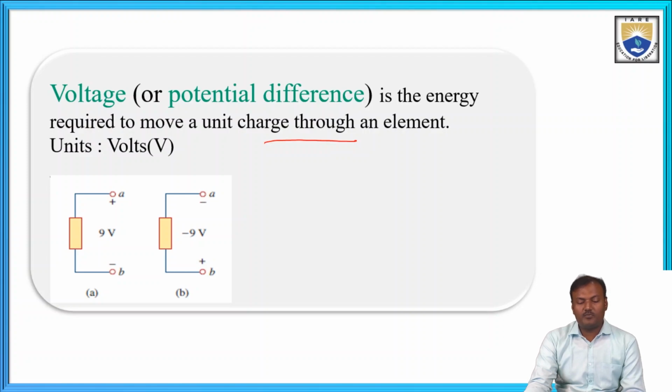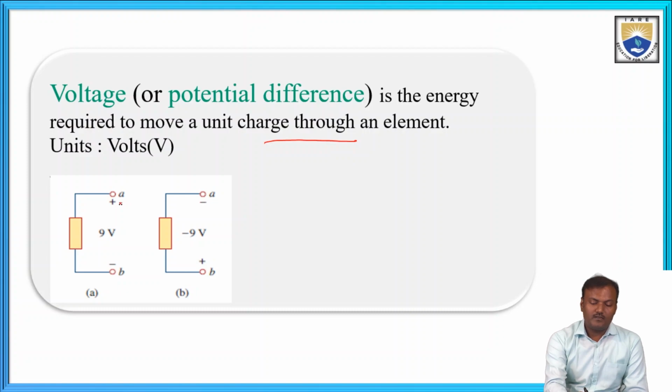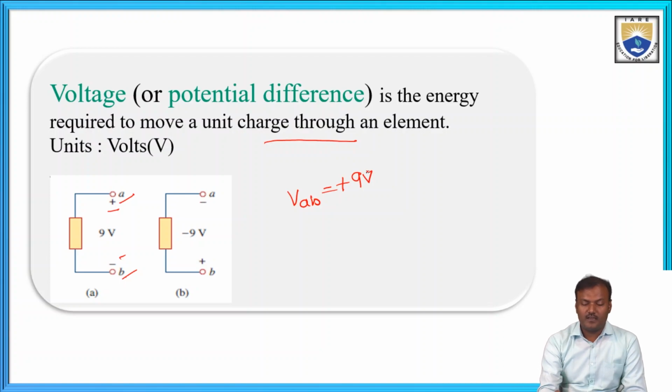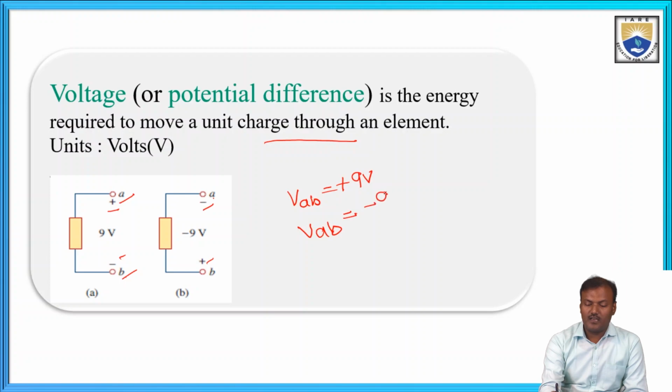Here two figures are represented, A and then B. Figure A represents two points A and B with the polarities positive and then negative. So here we can write VAB as plus 9 volts. In the second figure, the polarities of A and B are marked as negative and then positive, which is opposite to figure A. That is VAB, here we can write it as minus 9 volts.